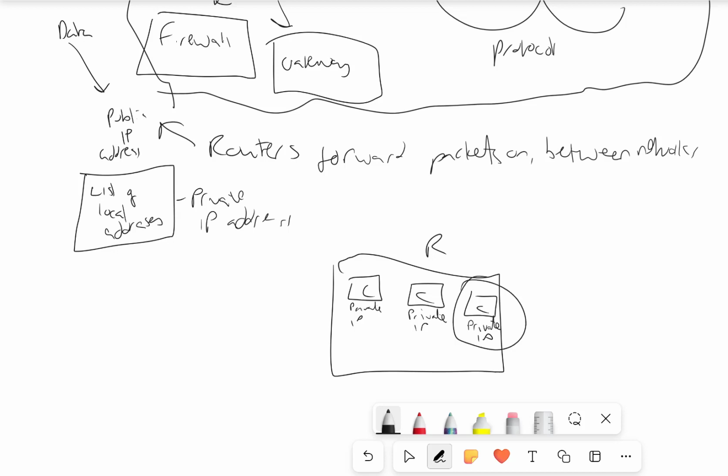This computer wants to go on the internet, so we send a request to their router. The router then will be able to translate this private address into the router's public IP address. So that, let's say Netflix, we want some movies. Netflix will see the router's public address.